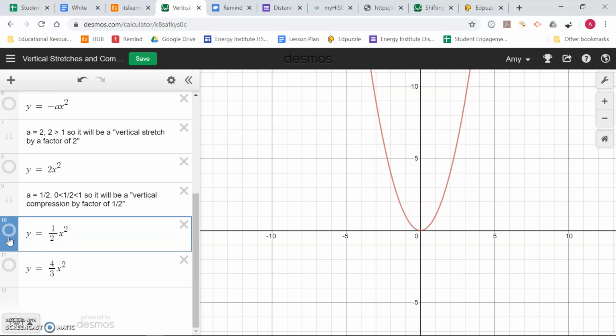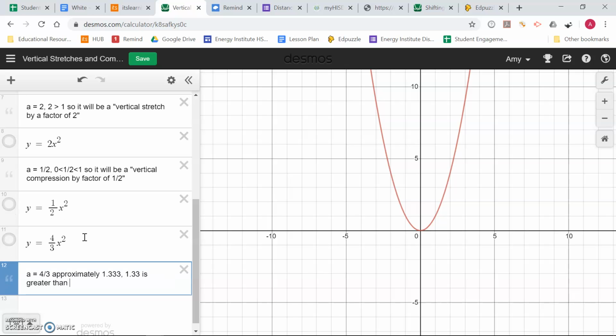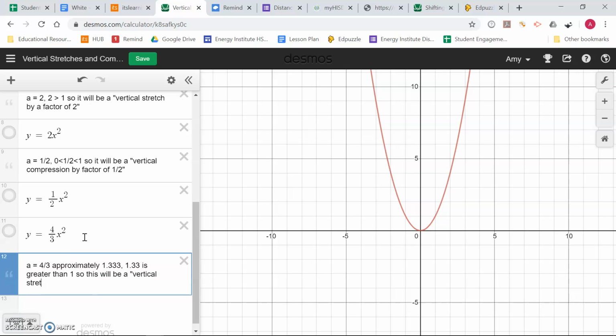So let's try one more. In this case, A is 4/3. Now, just because it's a fraction, that doesn't mean it has to be a compression. We have to look at the value. 4/3 is approximately 1.33. 1.33 is greater than 1, so this will be a vertical stretch by a factor of 4/3.